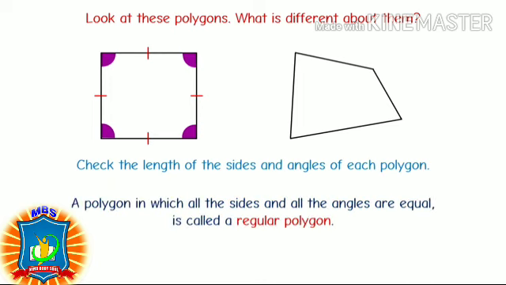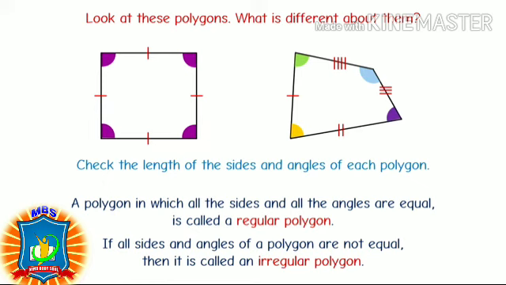A polygon in which all the sides and all the angles are equal is called a regular polygon. If all sides and angles of a polygon are not equal, then it is called an irregular polygon.